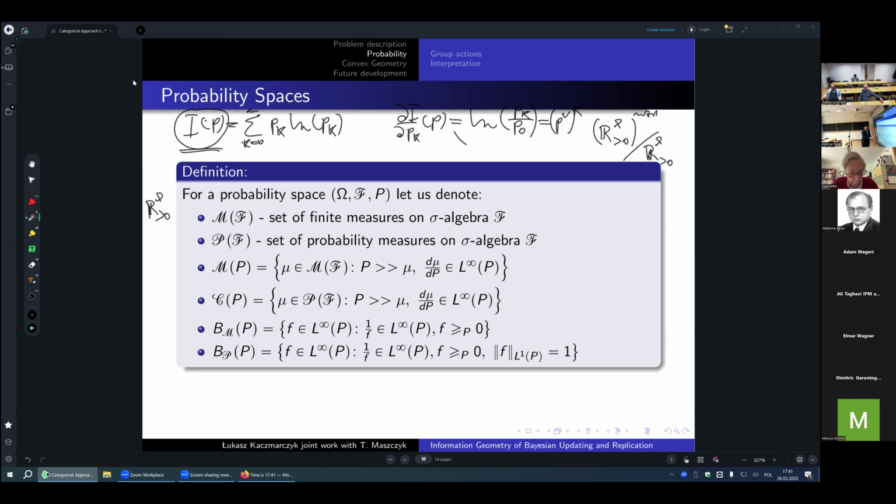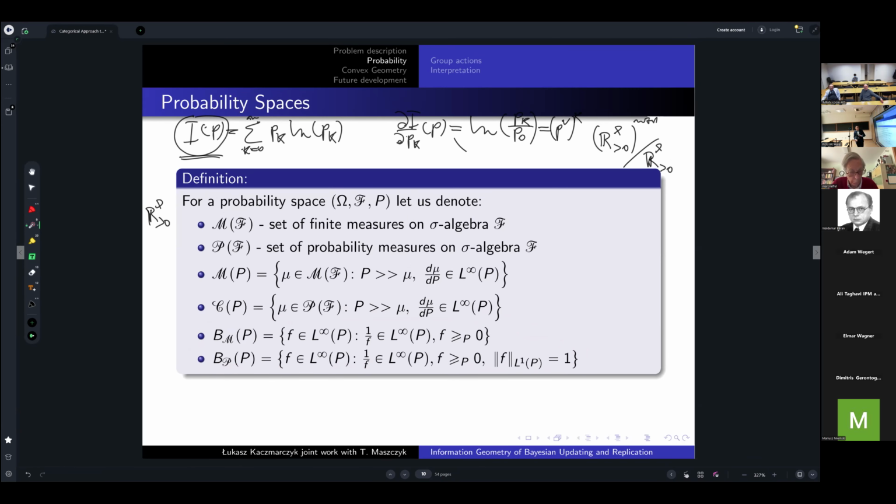For now, let us focus on these two here, because this will be the Bayesian groups from the probabilistic point of view. The first one will act on the space of finite measures, and this action will induce the action of the second one on the probabilistic measures.